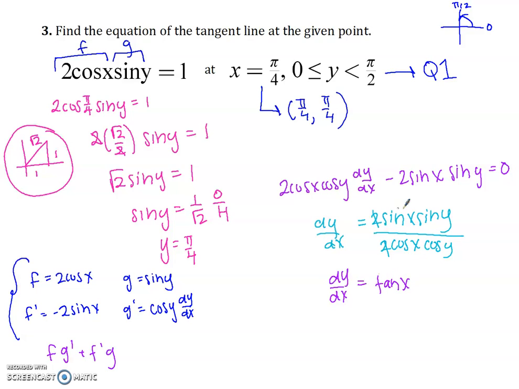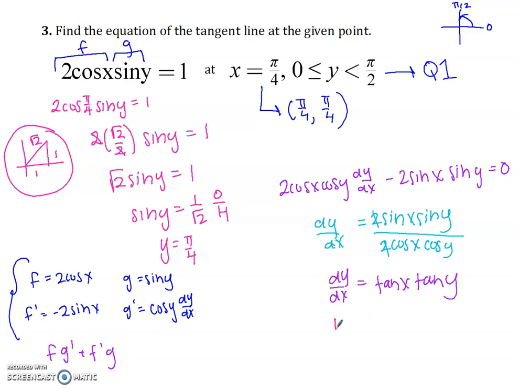That's tangent of x. So these two we can combine because they're the same variable. Same thing here. Sine over cosine is tangent, and since it's both y's, we can simplify this. Okay? And you don't have to do this. I'm just doing this because it'll be easier to just do tangent of pi over 4 and tangent of pi over 4 instead of having to do sine times sine divided by cosine times cosine and simplifying.